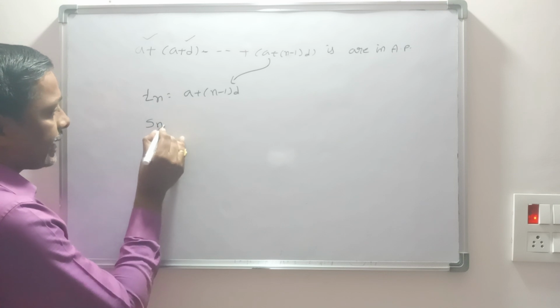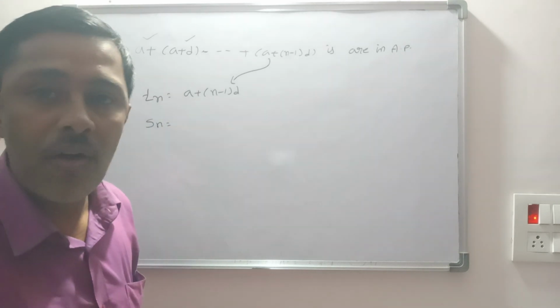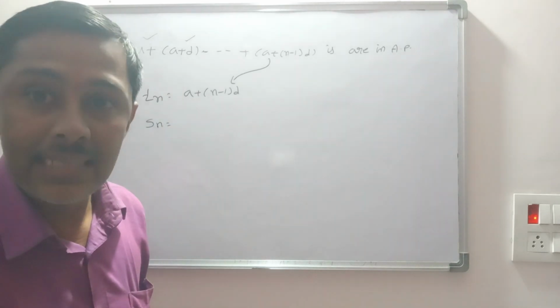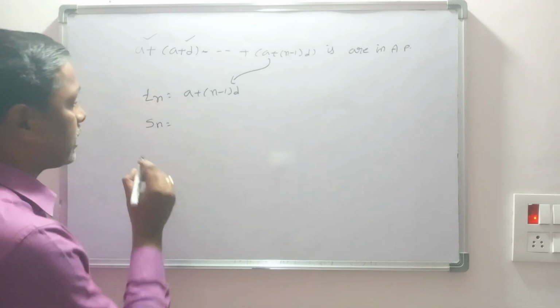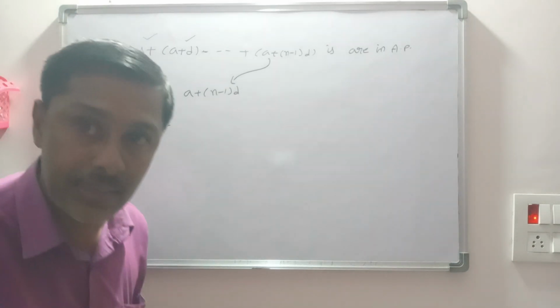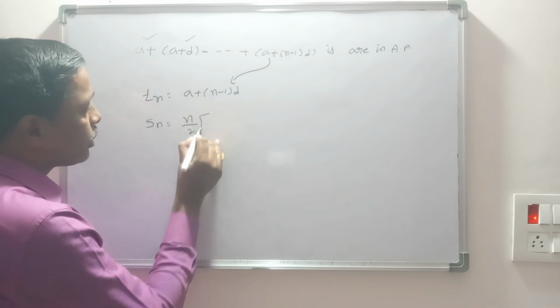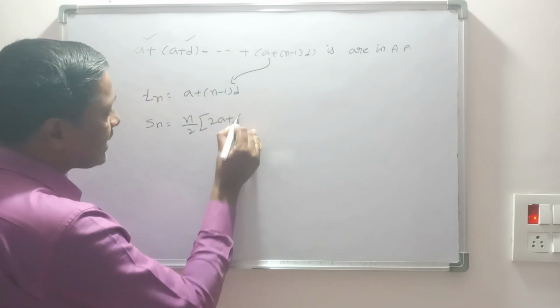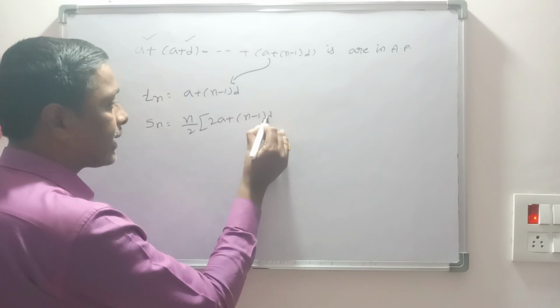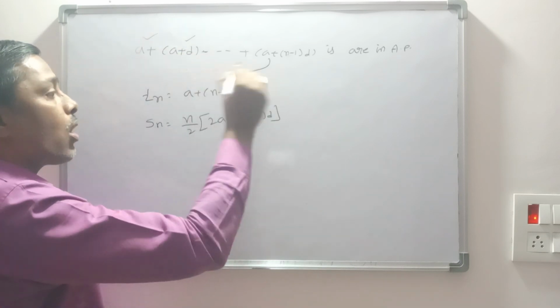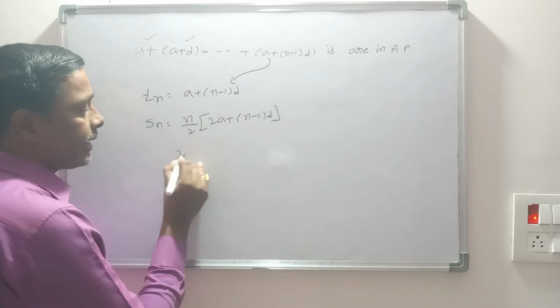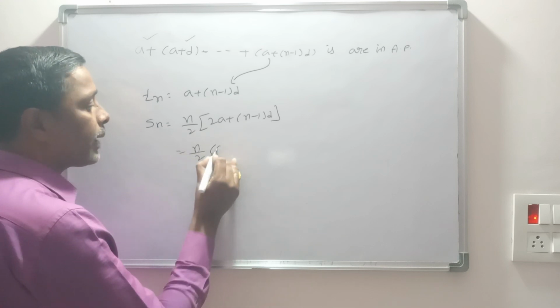Next one, Sn. Sn means sum of the n terms. For the sum of n terms, two formulas are there. First formula is n by 2 into (2a plus (n minus 1) into d). This is used when the terms are given. Second one, n by 2 into (a plus l).